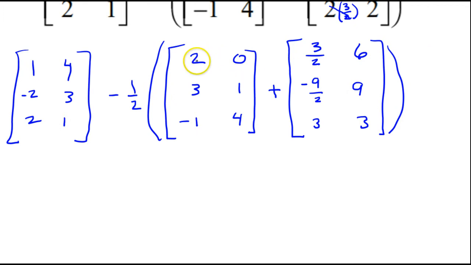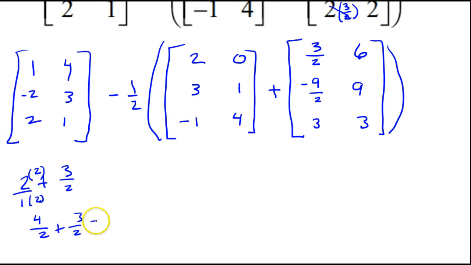So I need to do 2 plus 3/2. Okay, I'll erase this later, but if I do 2 plus 3/2, I need like denominators. So that would be 4 over 2 plus 3 over 2. That would be 7/2. Okay, so I've got 7/2.